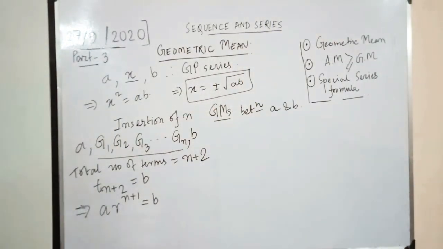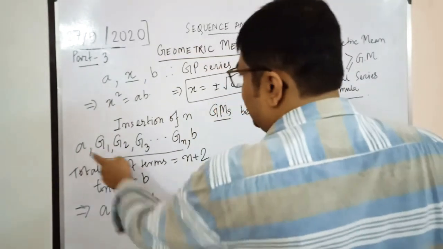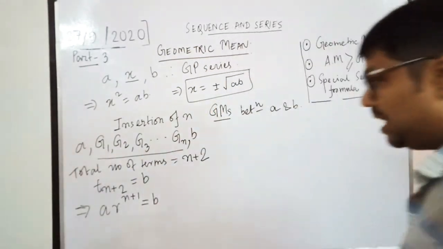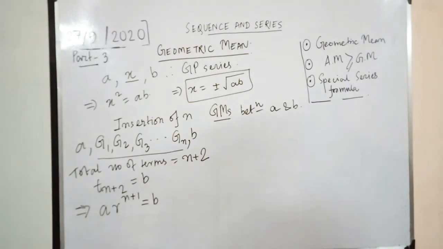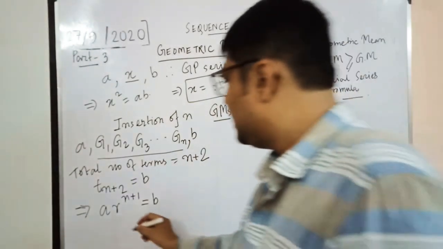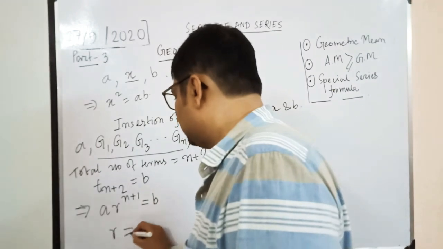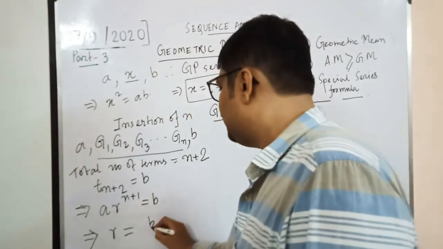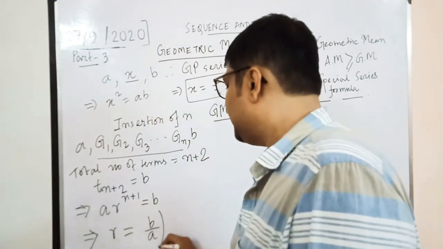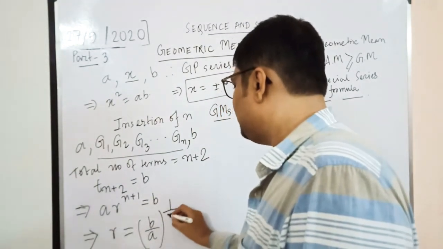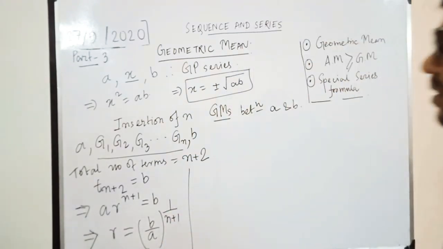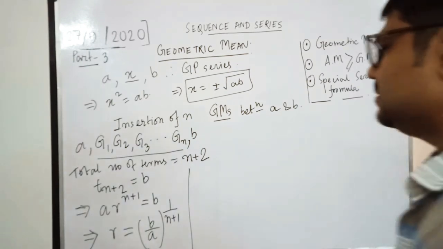Other things are already available. a is given in the sum, b is given in the sum. How many numbers you are inserting, that is also given in the sum. So if I write what is r, I will get b by a to the power 1 by n plus 1. That means it's the n plus 1th root. Okay. So this is r.